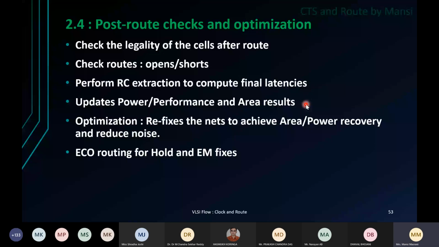We check the routes. There shouldn't be any opens or shorts, because that means something is logically incorrect. Then it does the delay optimization and RC extraction. You take a wire, you do the RC extraction, and that gives you the delay value of that wire. It will give you the final delays of that net.